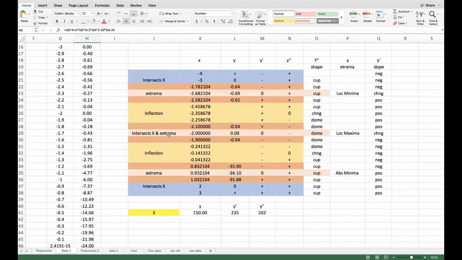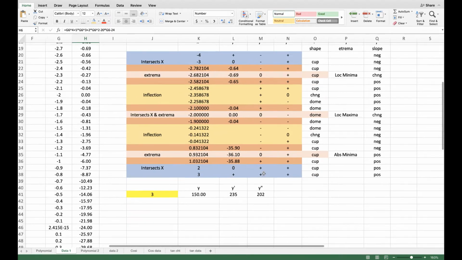We have an extrema, as well as intersecting the x-axis. And that one's kind of interesting because, just for your information, that happens to be our local maxima, as you can see here, local maxima. And it happens to be at the x-axis on 0.